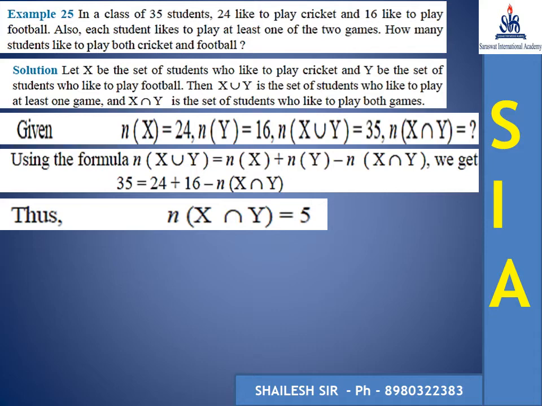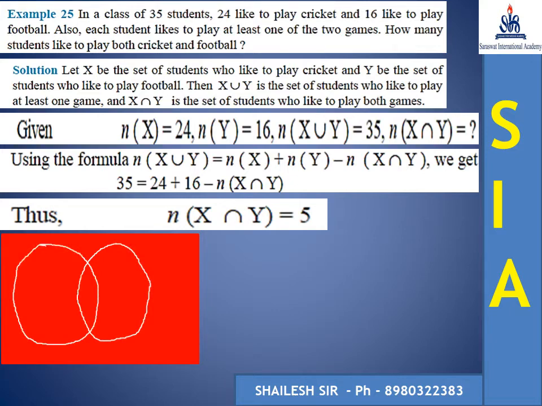But students, this is not your complete solution. You must go to the Venn diagram. Here is the Venn diagram, x and y. The first circle indicates x, the second y. x is for cricket playing and y for football playing. In the common region I have already written 5. Here n of x is given as 24, so 24 minus 5 is 19, only playing cricket.